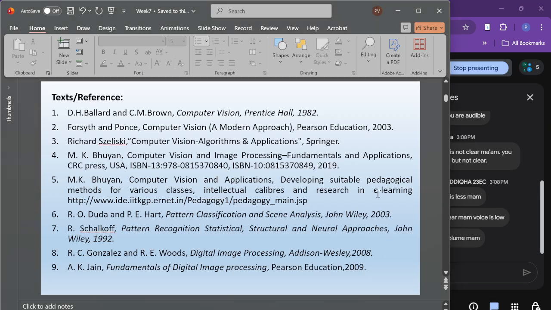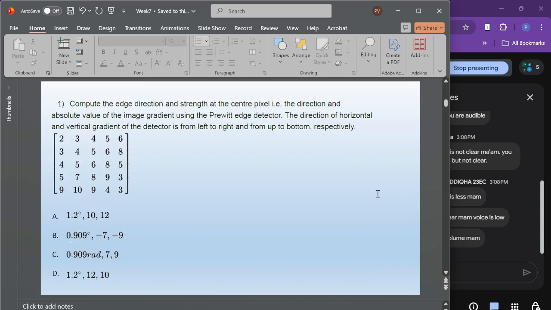So these are some textbooks and references which you can follow for this course. And this is our first question. Compute the edge direction and its strength at the central pixel, that is the direction and absolute value of the image gradient, using the Prewitt edge detector.